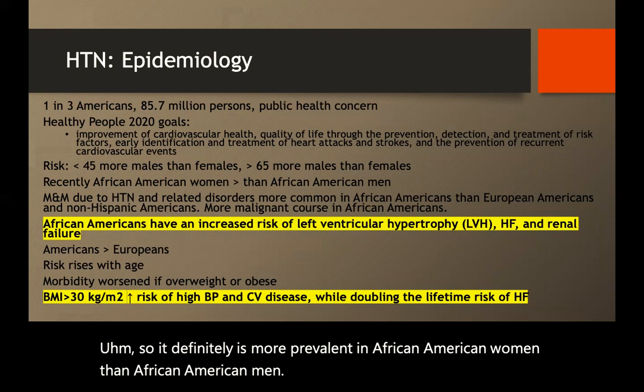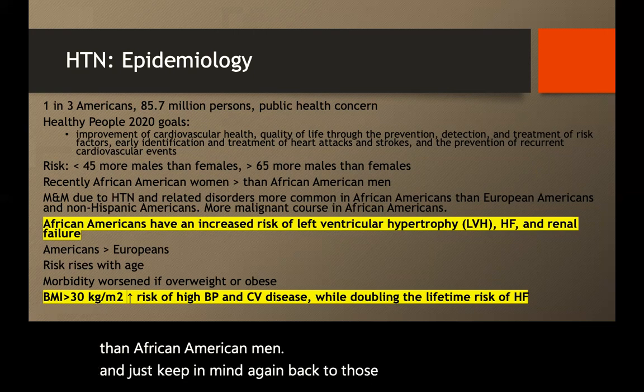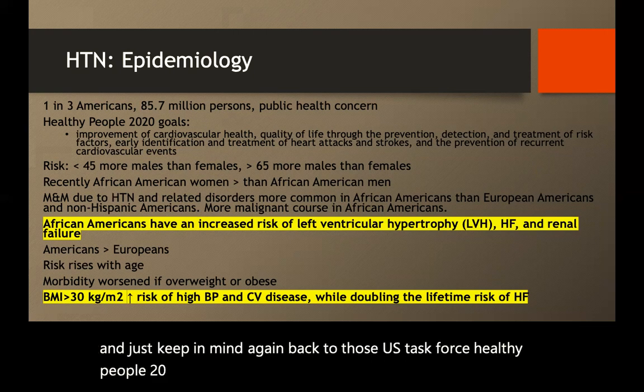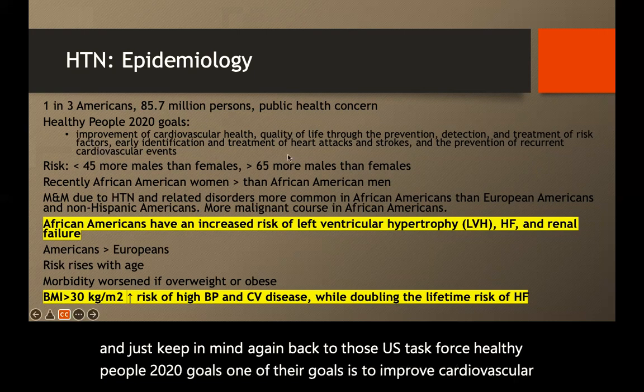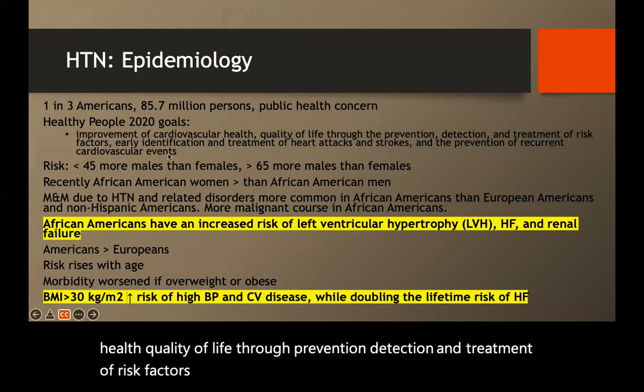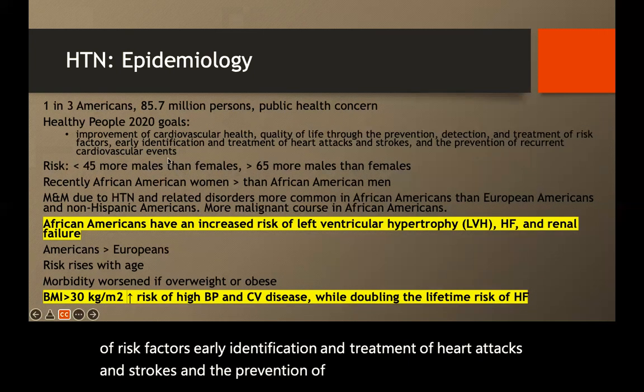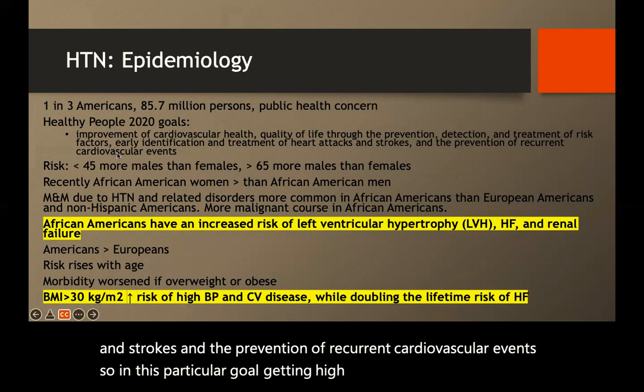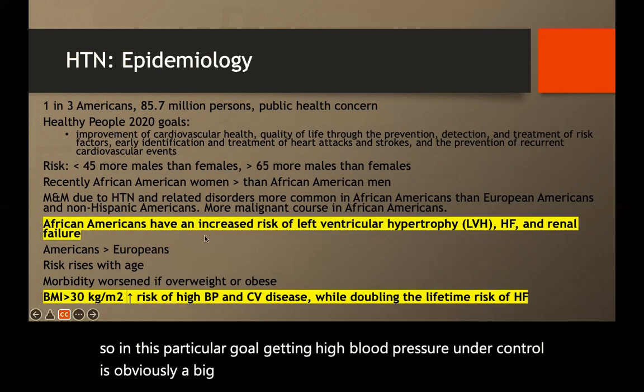And just keep in mind, back to those US Task Force Healthy People 2020 goals, one of their goals is to improve cardiovascular health and quality of life through prevention, detection, and treatment of risk factors, early identification and treatment of heart attacks and strokes, and the prevention of recurrent cardiovascular events. So in this particular goal, getting high blood pressure under control is obviously a big concern.